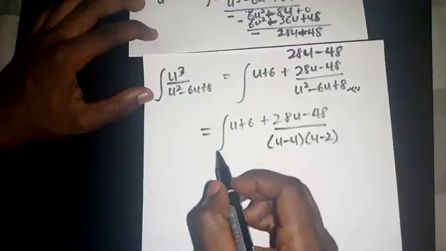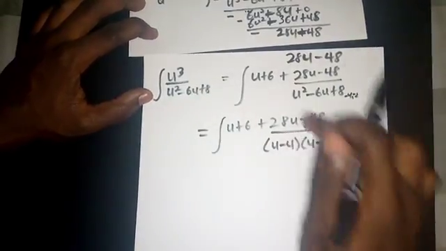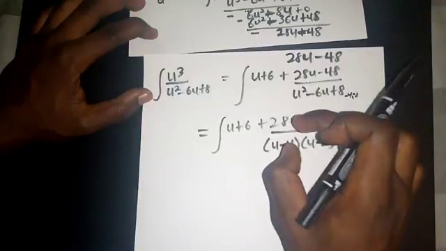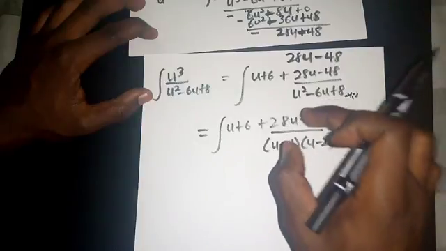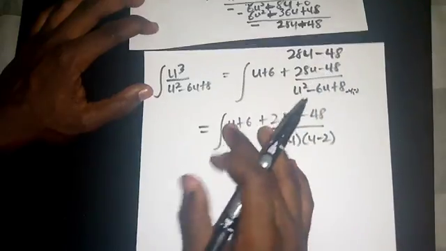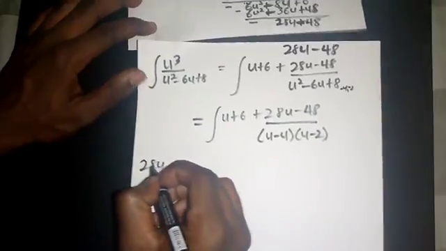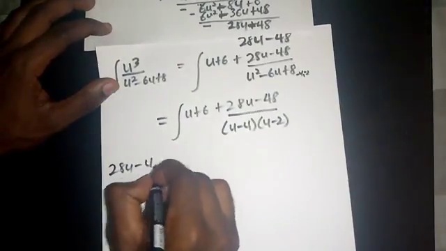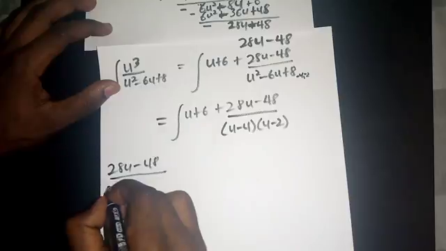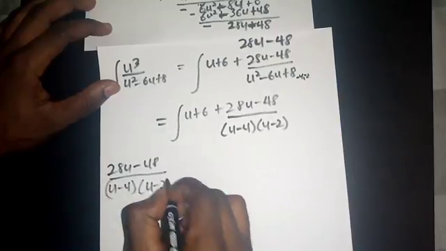Now what we are going to do is leave the remainder out, then solve the partial fraction with this. After that, when we get the values of A and B, we can substitute them back, then solve for the integral. So we are going to consider 28u minus 48 divided by u minus 4 and u minus 2.